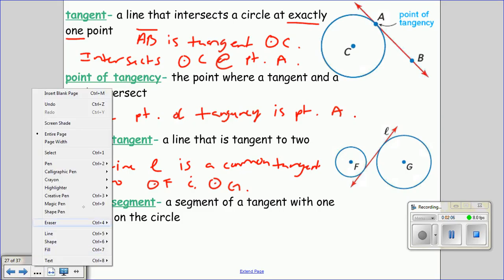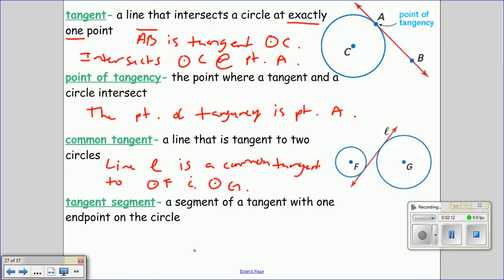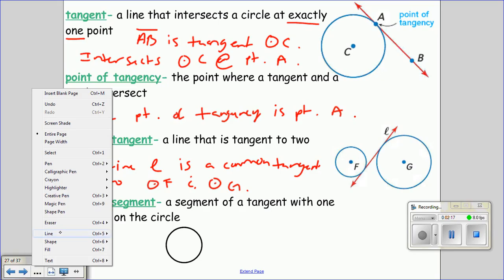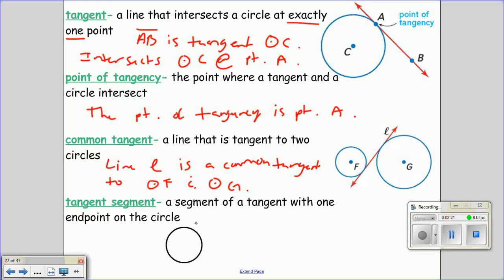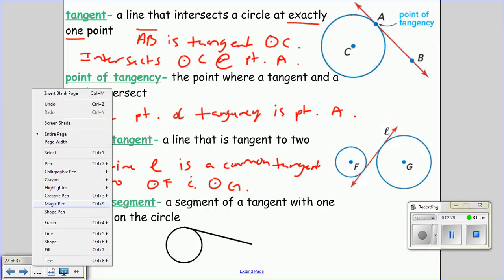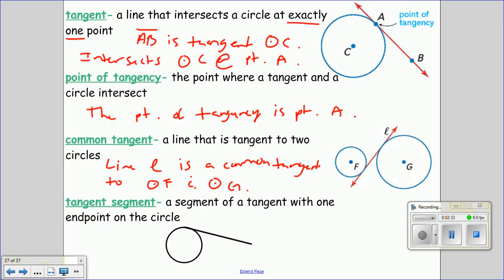So if I were to draw another circle and a tangent segment, this segment has an endpoint right here and an endpoint here.